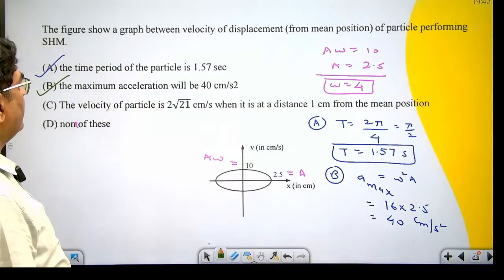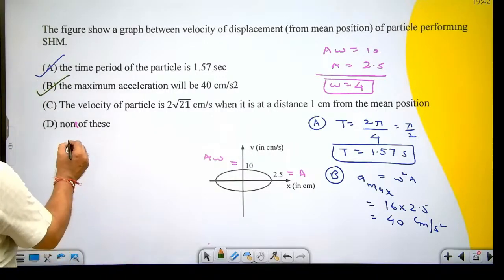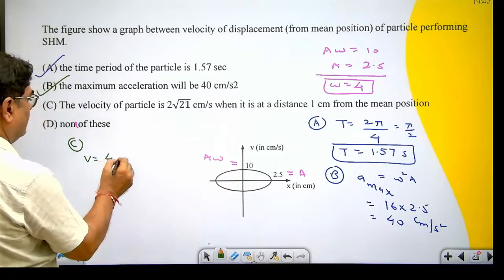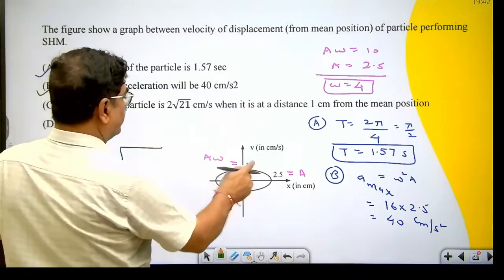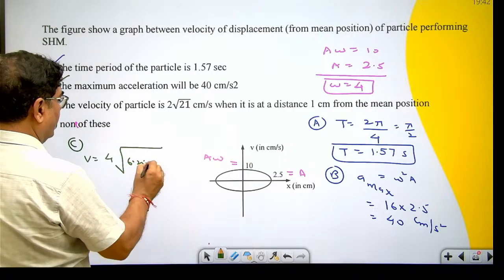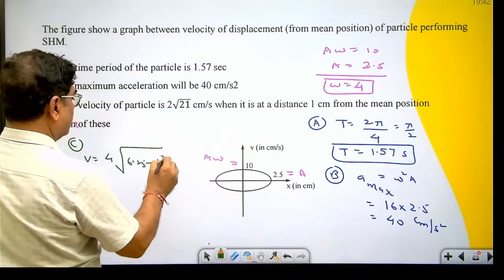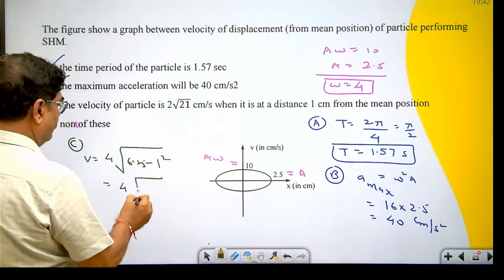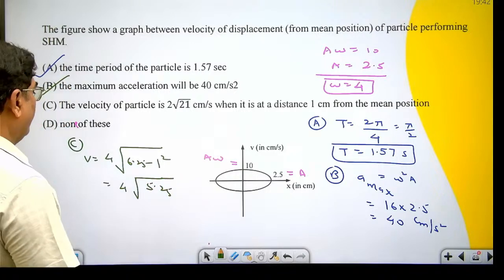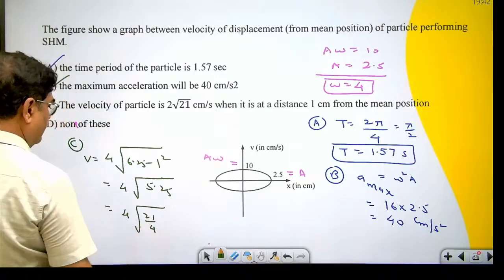The velocity of the particle is 2 root 21 centimeter per second when it is at distance 1 centimeter. This also we can find. V equal to omega root of A square minus x square. Omega is 4. In this question, amplitude square is 2.5 square, means 6.25. X square means 1 square, so this is how much? 4 root of 5.25. 5.25 is 21 upon 4.